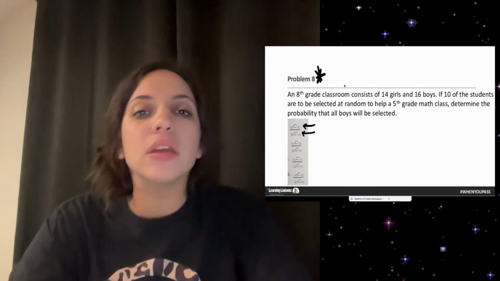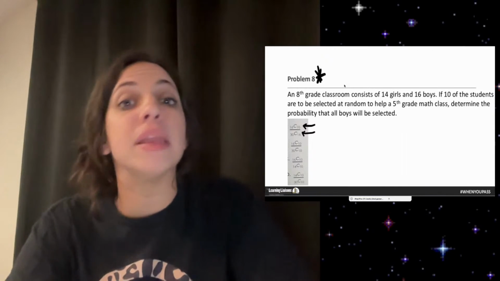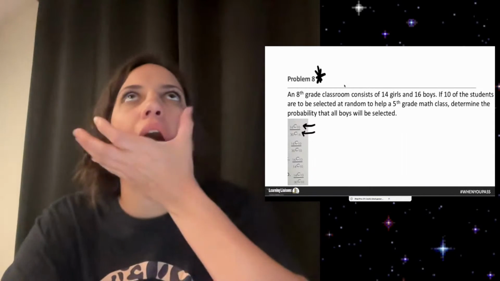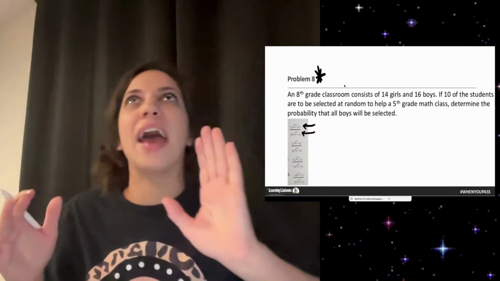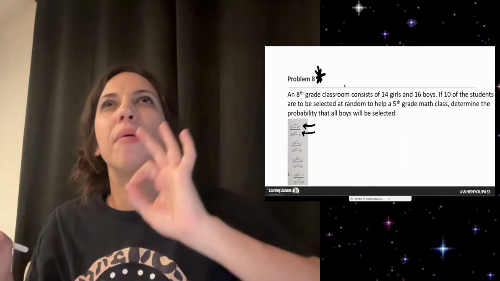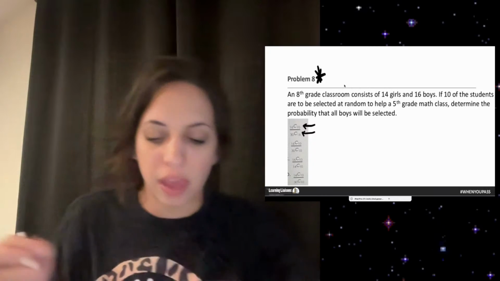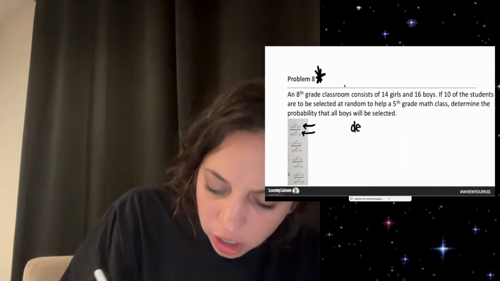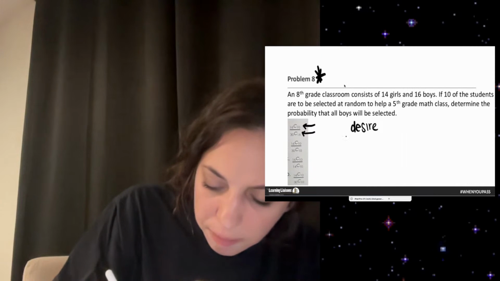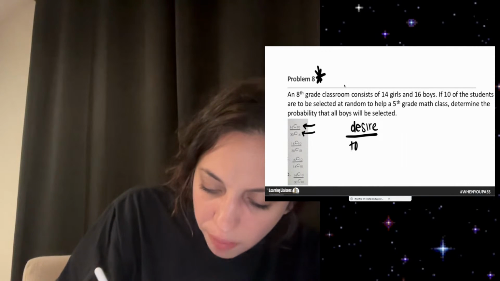So when we're calculating probability using combination notation, that was a lot of syllables in one sentence. In fact, when we're calculating probability in general, let's just start there. The top is always our desire, and the bottom is always our total possible.